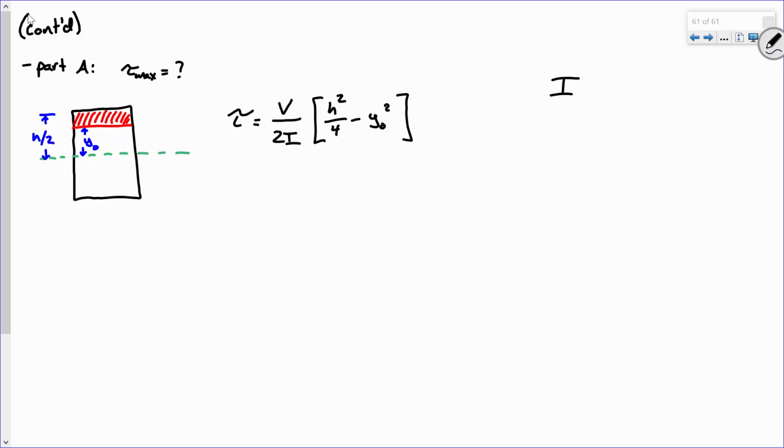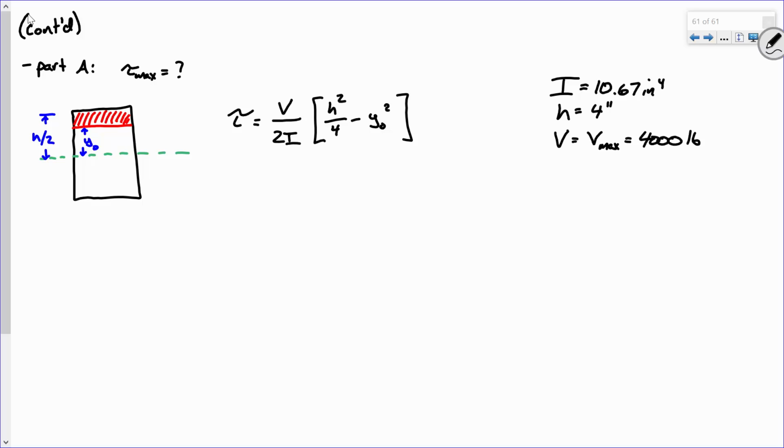I is 10.67 inches to the fourth. We already computed that. H is 4 inches. V, in this case, we're looking at V max, 4,000 pounds.